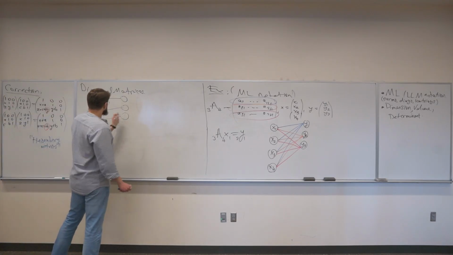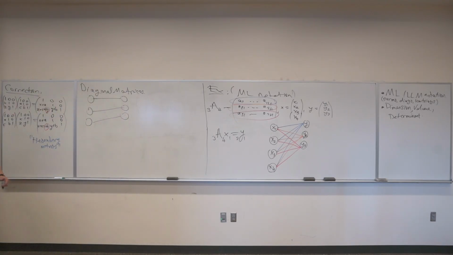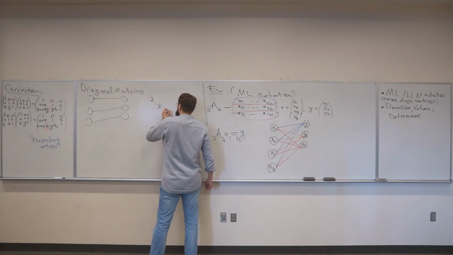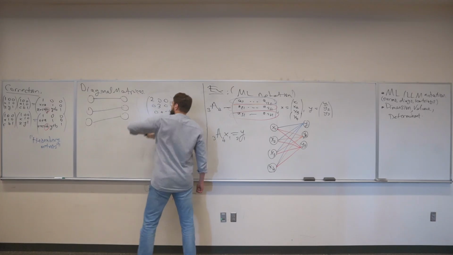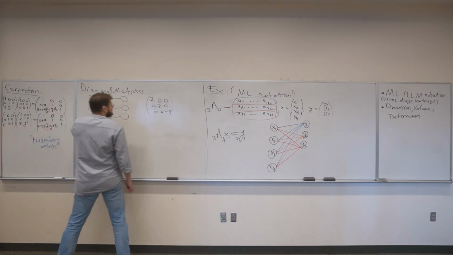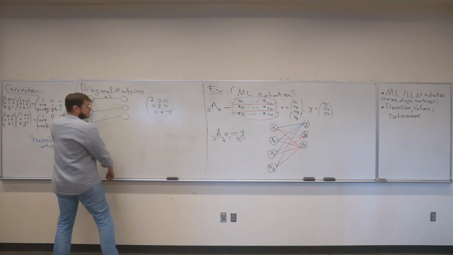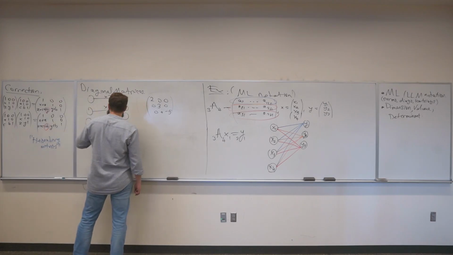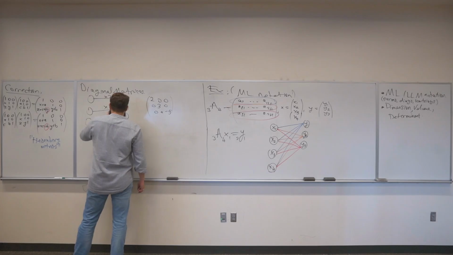And like this and like this. Does this make sense? So imagine something like this: 2, 3, minus 5. So this corresponds to multiplying by 2 whatever this input is. This corresponds to multiplying by 3. This corresponds to multiplying by minus 5.